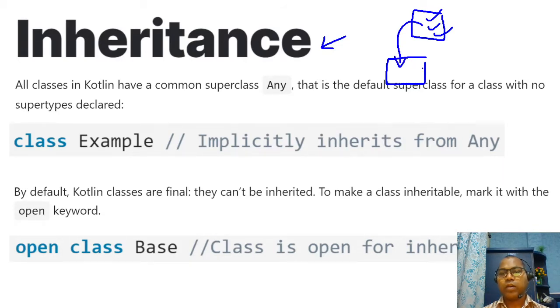In this way we can achieve that through inheritance. Inheritance is the mechanism through which a child class or derived class can inherit the members of a class inside a derived class.